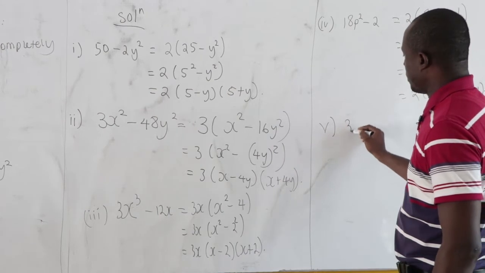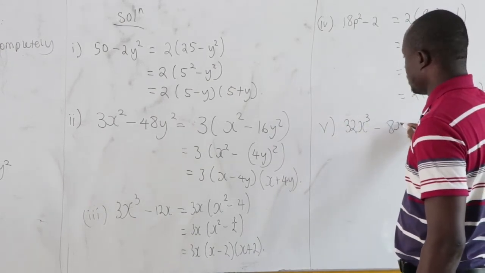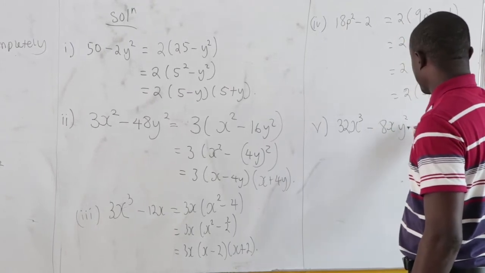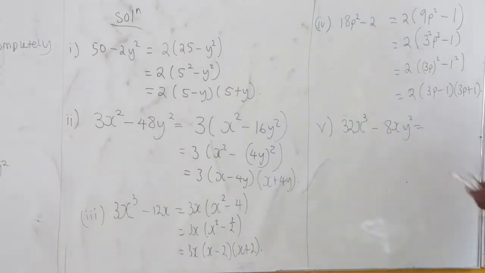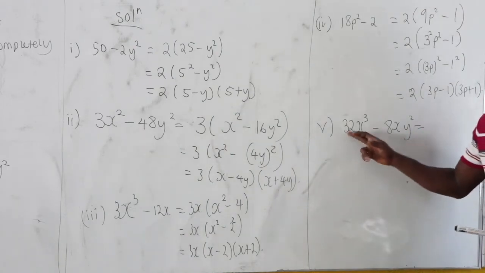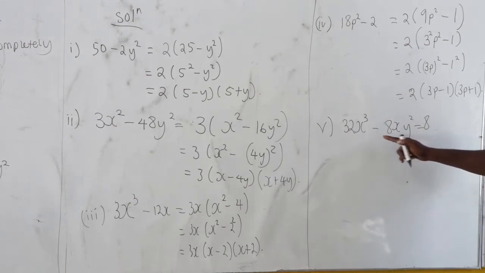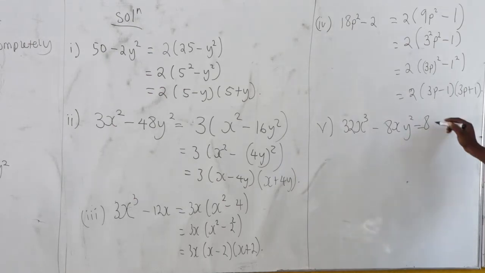Now let's see, we have 32x to the power 3 minus 8xy squared. Now, 8 is a factor here, 8 is also a factor over there, so we can bring 8 out. And again, we can see that there's x here, there's x there, so we can bring x out.